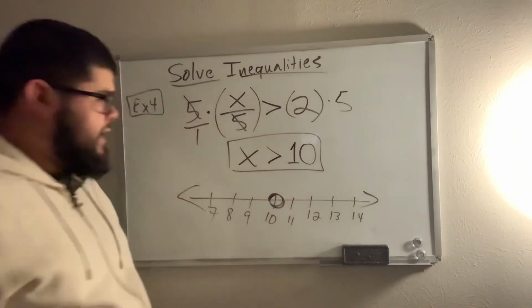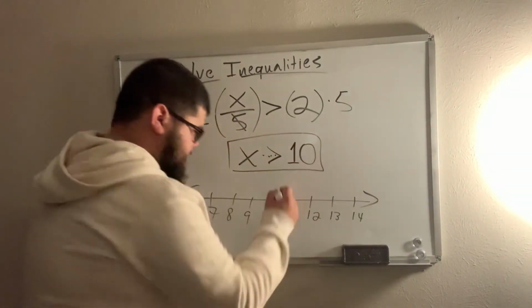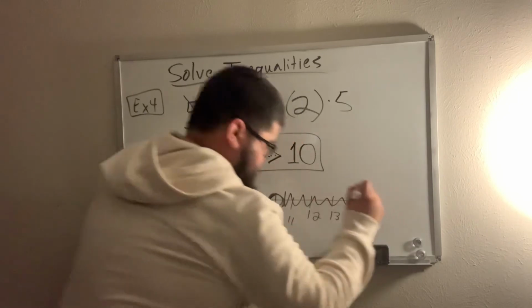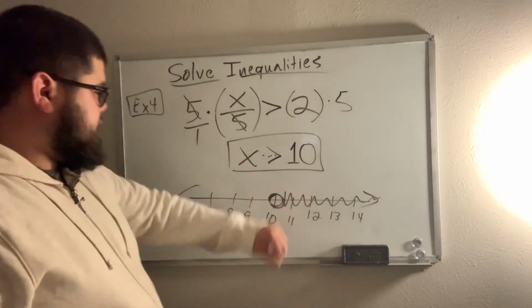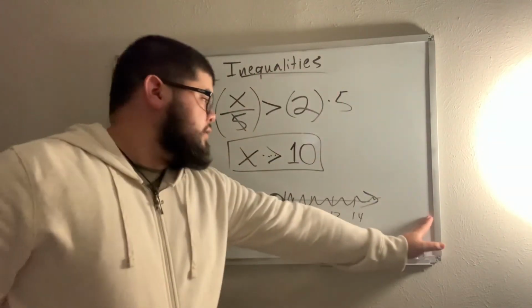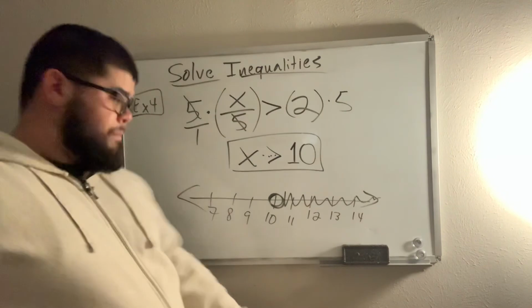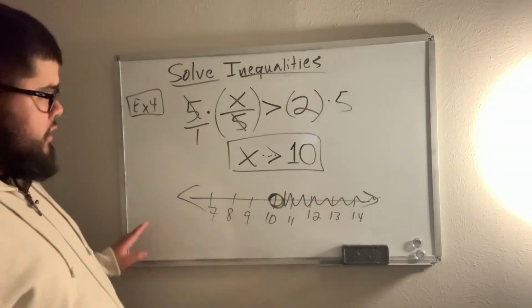Open circle on 10. Now, are we going to go left or right? Right. Everything to the right. Plug 11 in. 11 greater than 10? Yep. 12 greater than 10? Yep. 13 greater than 10? Yep. Is 20 greater than 10? Yep. Is 9 greater than 10? No. That's why we didn't shade that way.